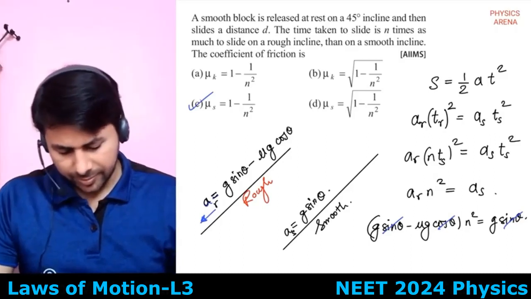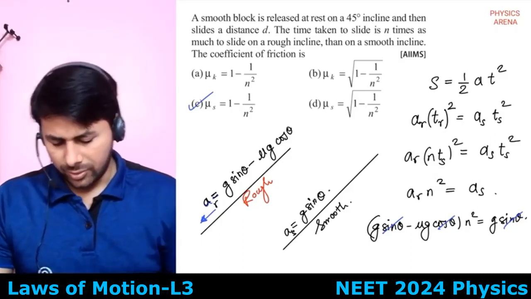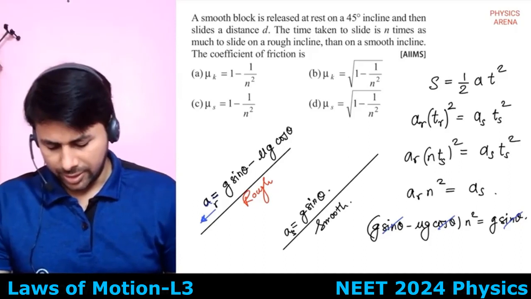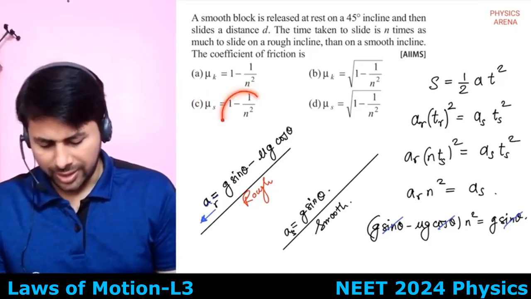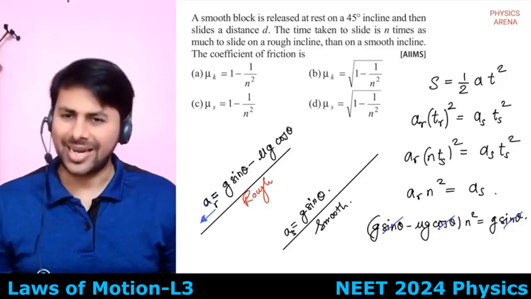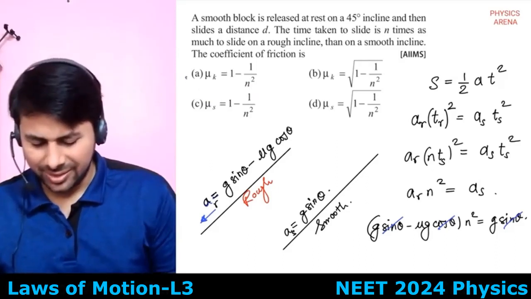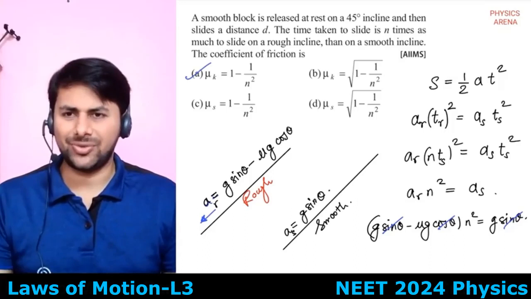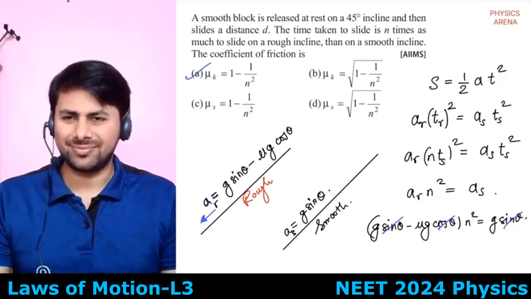Okay, let's check it once. Oh, I'm sorry. I just saw mu; I just saw 1 minus 1 upon mu n square. Actually, it is option A. This is kinetic friction only, body sliding.